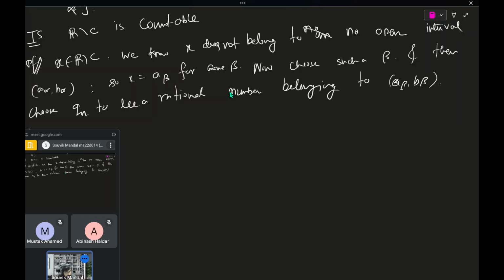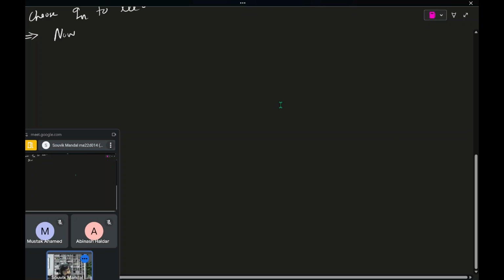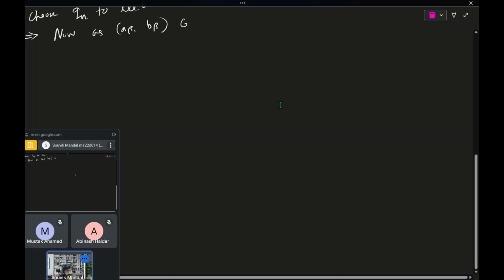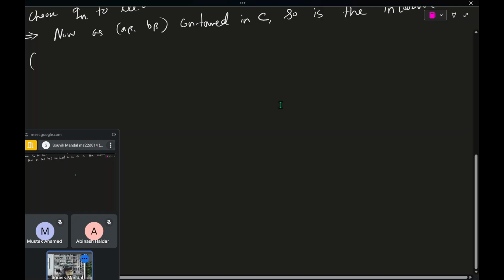Now, as (a_beta, b_beta) is contained in C, so is the interval (x, q_x).